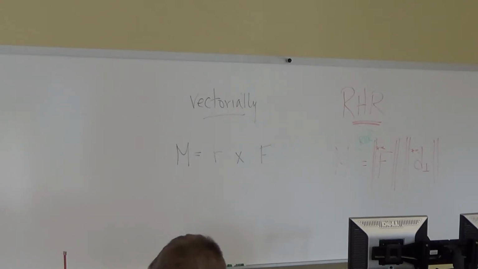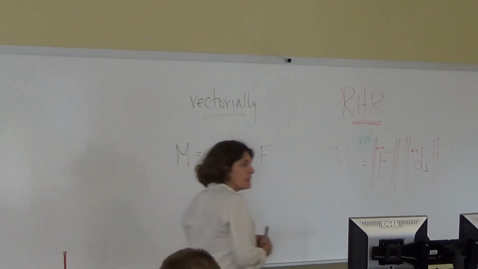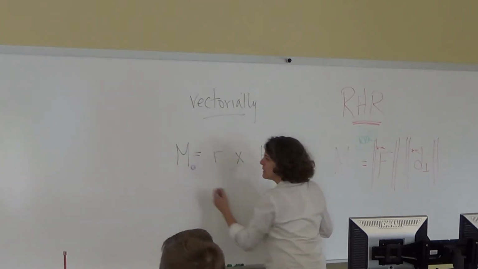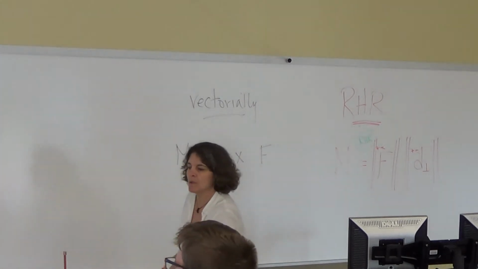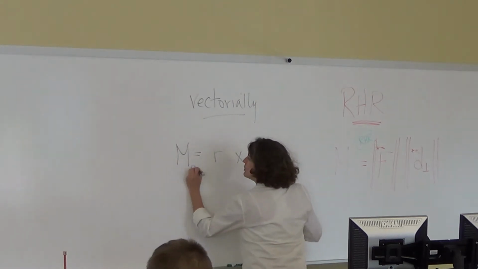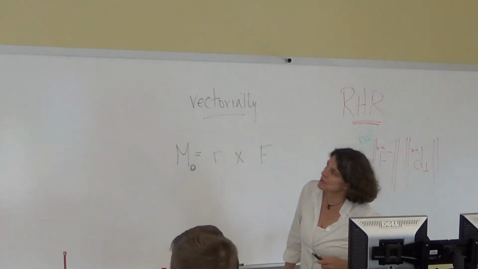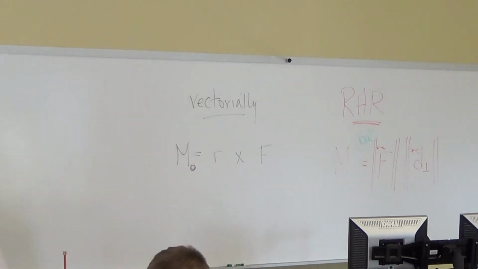So in this problem, where did I want to find the moment about? Which point? The origin, point O. I want to find the moment about point O. And where's the force? Is there a point there?